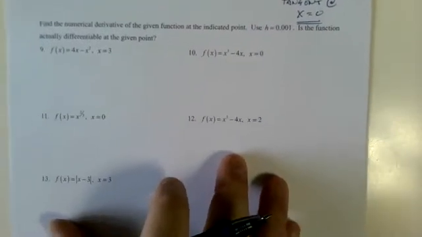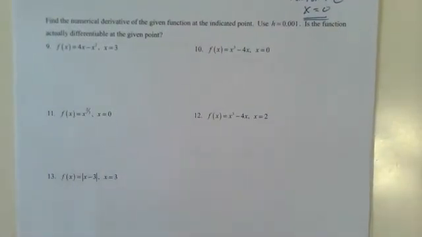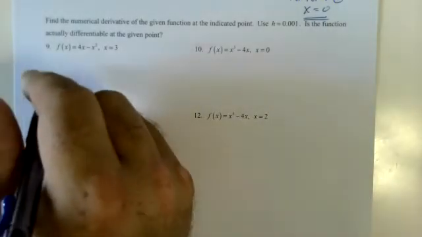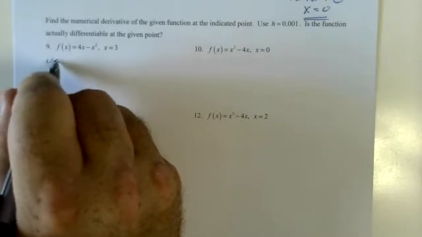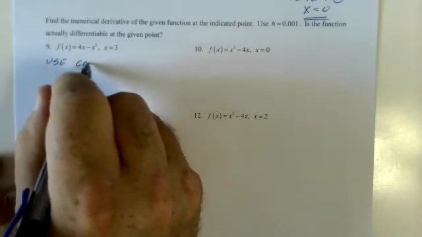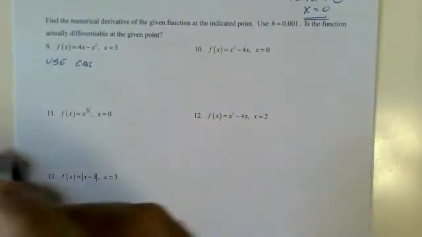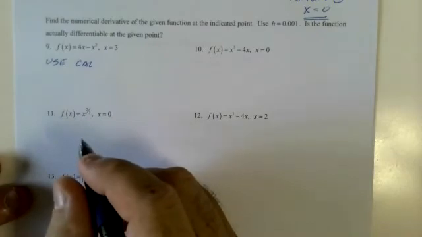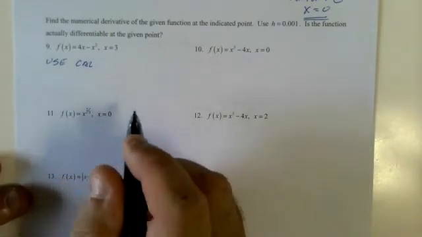Find the numerical derivative of the given function at the indicated point. Use h. I'm going to be lazy and use my calculator. There's no reason not to, right? So by the way, if you have a TI-83, it takes a little practice to put it in. You go function, variable, number.